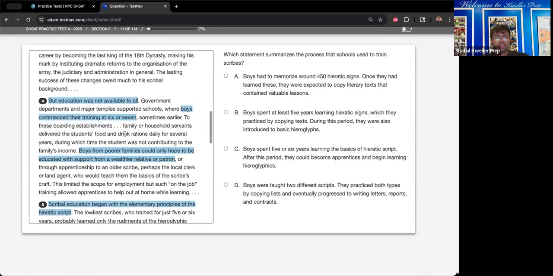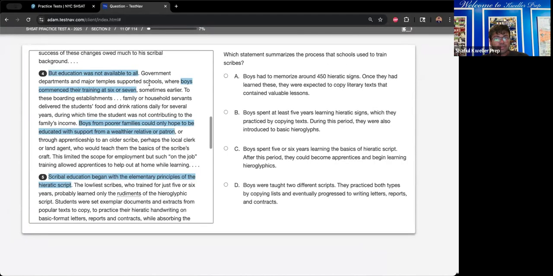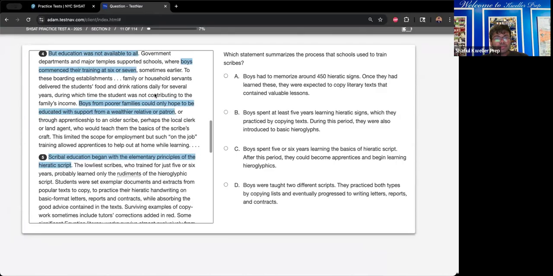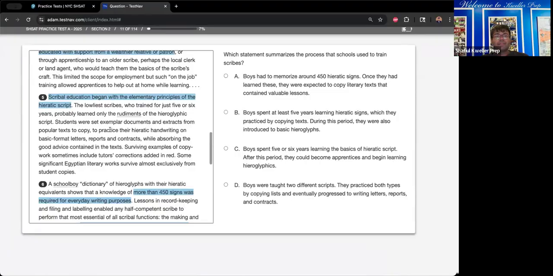Does it ever say they had to memorize? Well, let's go to the process that schools used. Here, scribal education began with the elementary principles of the hieratic script. What specific things are talked about? They trained for just 5 or 6 years.